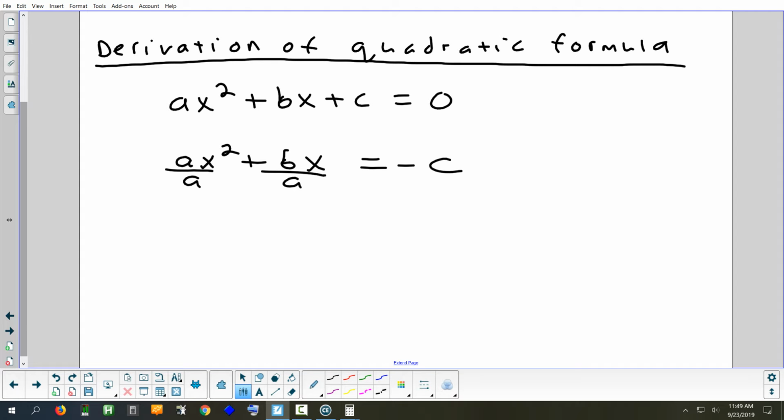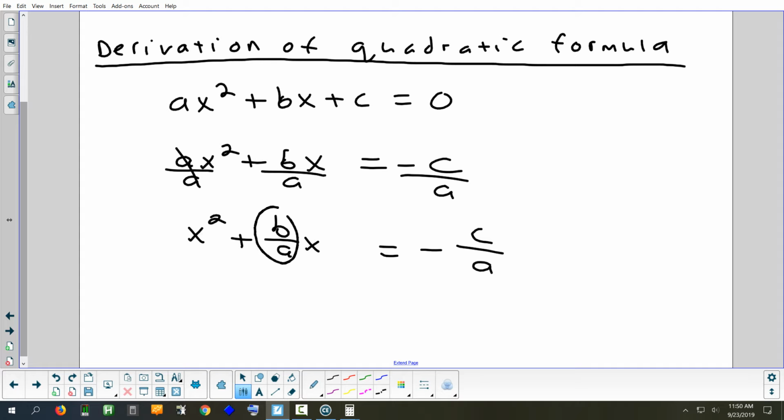Of course, we're assuming a is not 0, because if it was, that would cause catastrophic problems. So, now the a's are gone, I'm going to rewrite that. X squared plus b over a x equals negative c over a. Actually, I'm going to give myself a little space here. Now, the next step is to complete the square. Does anybody remember you use that and you have to do 2 things to it?